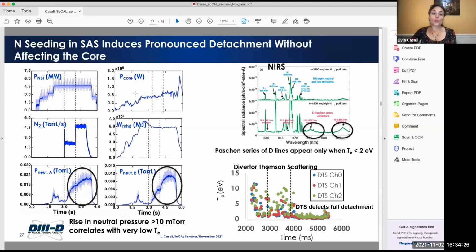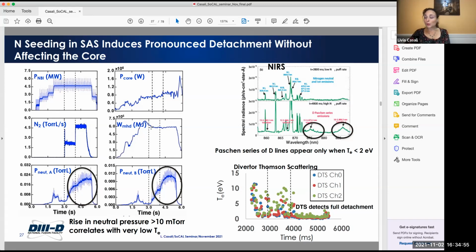I'm showing here an example of nitrogen in the SAS inducing pronounced detachment without affecting the core. So at 3 seconds, we inject nitrogen in the divertor. And as we can see, there is a very important increase in the neutral pressure, which correlates with a very low temperature.